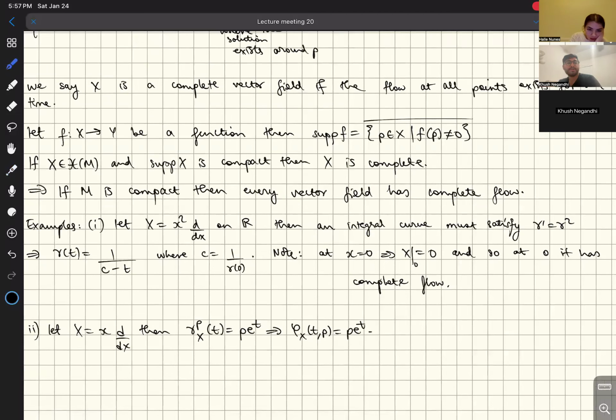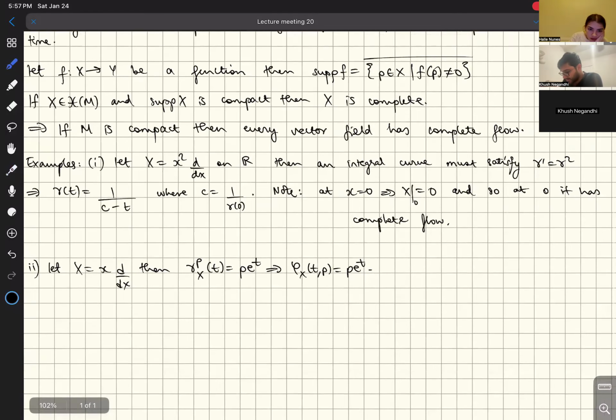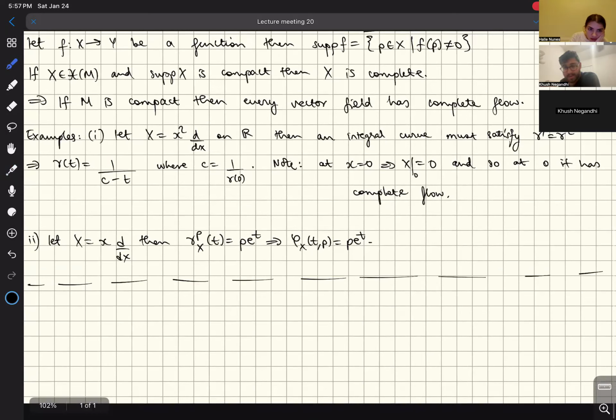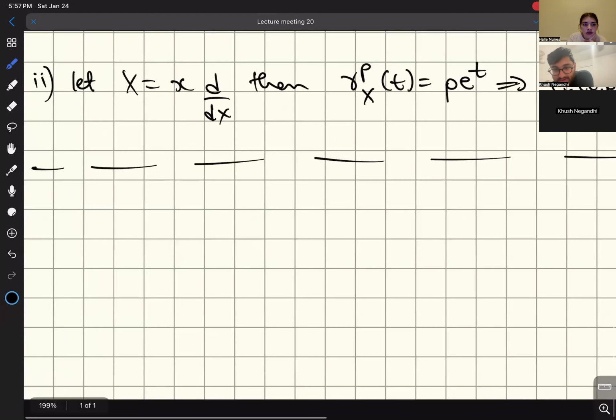Okay, let's now continue and talk more about flows. I'm lazy, so I'm going to pretend from now on that all vector fields are complete, but I'll tell you exactly when we need completeness. Actually, let's not do that for now.